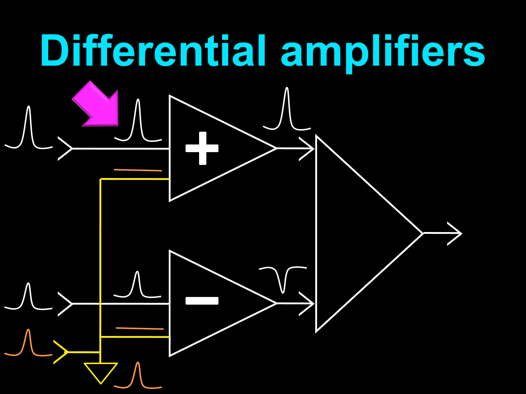The wave arriving to the non-inverter single-ended amplifier will be processed by the amplifier, but obviously the polarity will not be changed. The wave arriving to the inverter single-ended amplifier will be processed by the single-ended amplifier, and the polarity will be changed as expected.